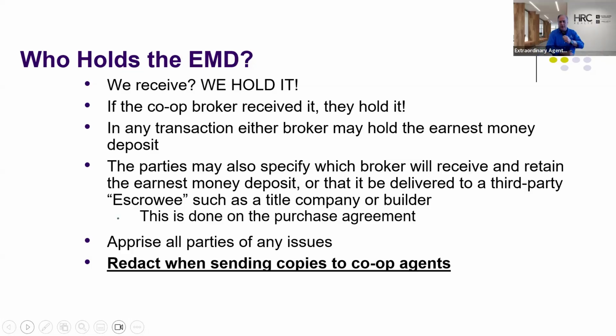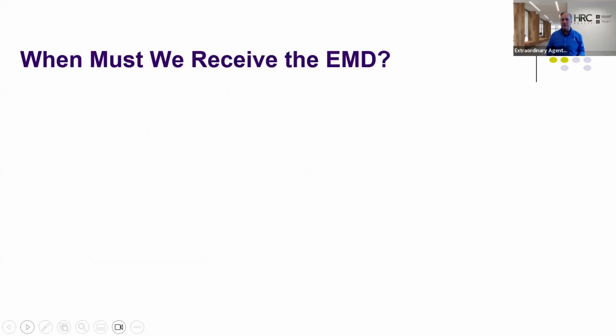If there's an agent who sends it to you and they haven't crossed it out, my recommendation is you cross it out. No need for you to receive it and somebody get that from you. Okay? Look, there's crooks in this world, whether you think it could happen to you or not. Be preventative. All right? Redact, cross it out. And we'll talk more about why we even receive copies as we move along through this.